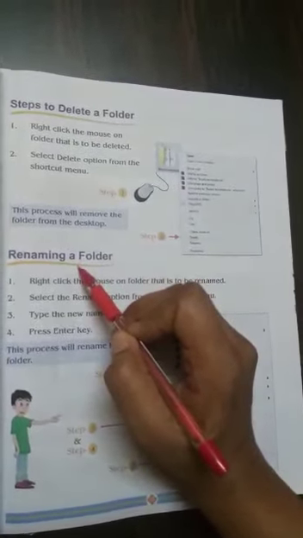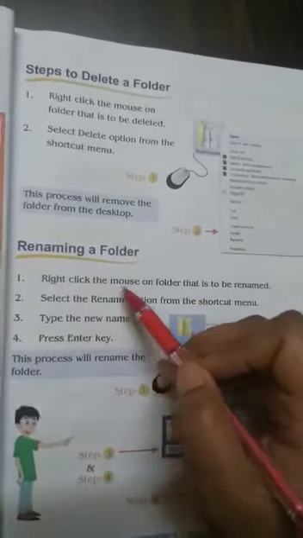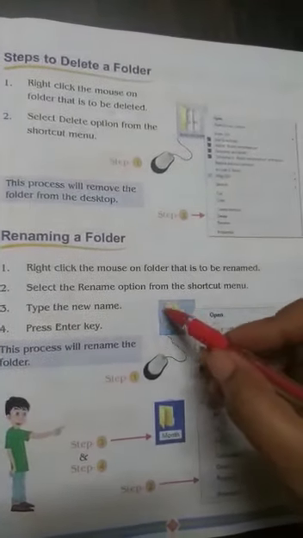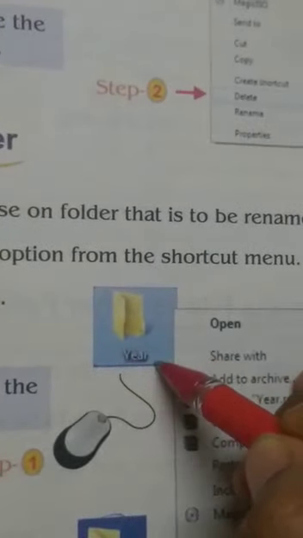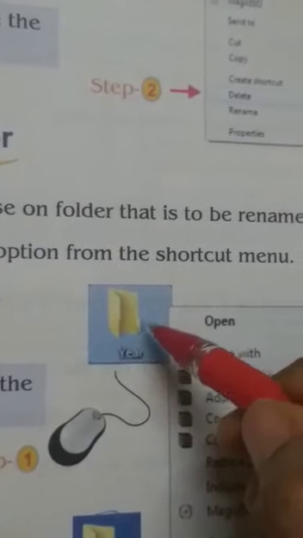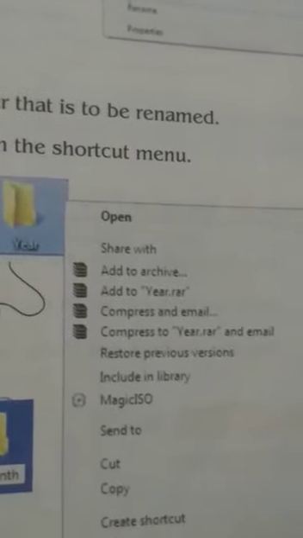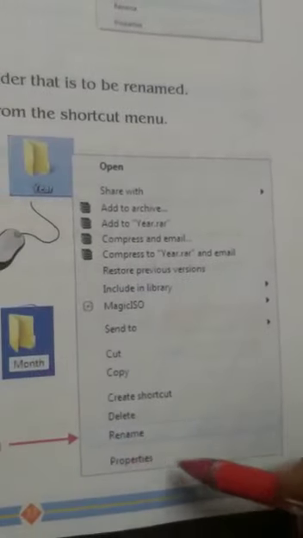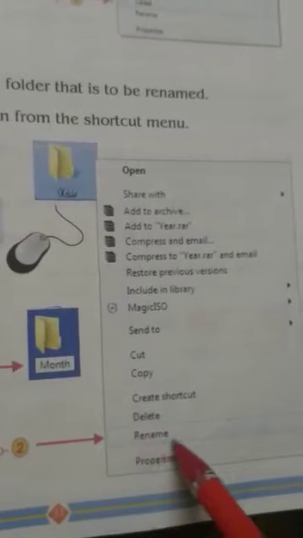Now children, we are going to start with renaming a folder. Right click the mouse on the folder that is to be renamed. Like children, this is a folder icon. In this folder with the name year, we have to right click on it, and we will see a shortcut menu appear on your computer screen, wherein you have to click on the rename option.